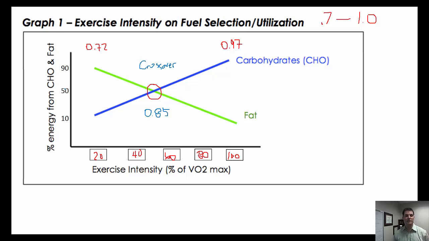Again, that tells us 50% carbs, 50% fats, right in the middle of our range between 0.7 and 1. Exercise physiologists often teach that this crossover is roughly 50% of your VO2 max.